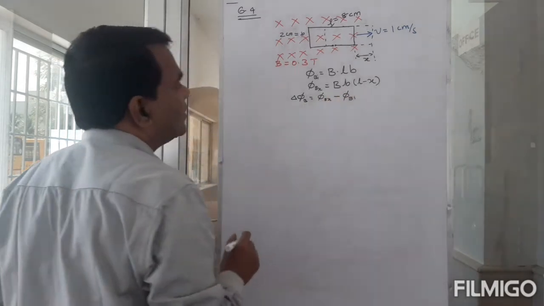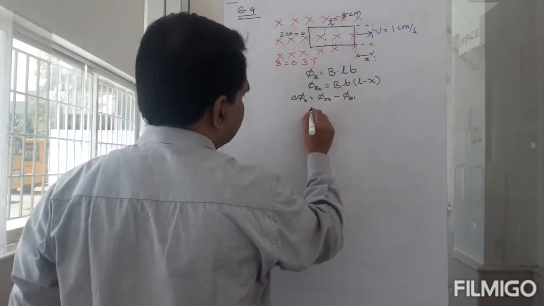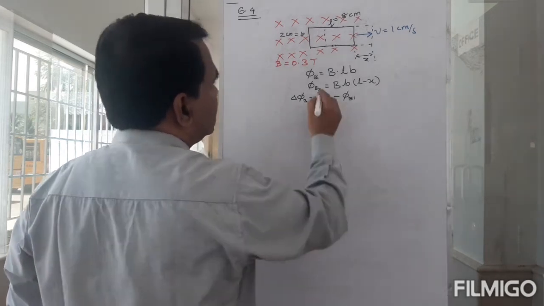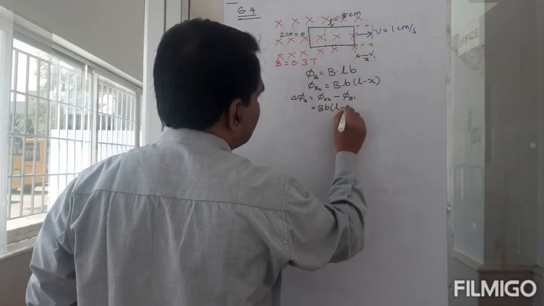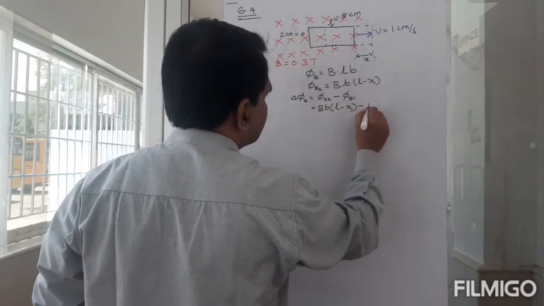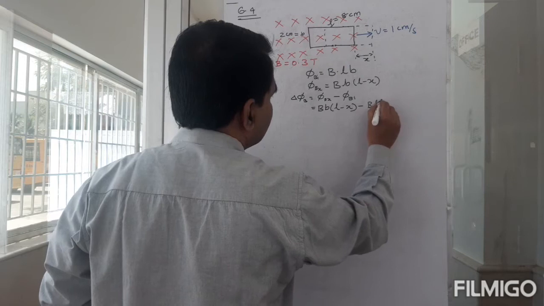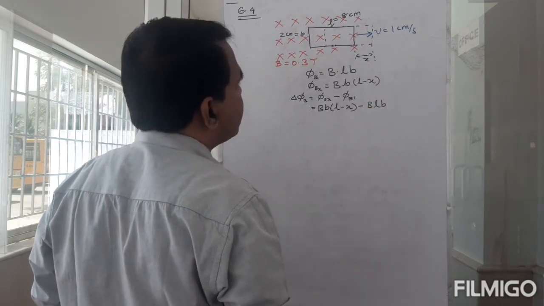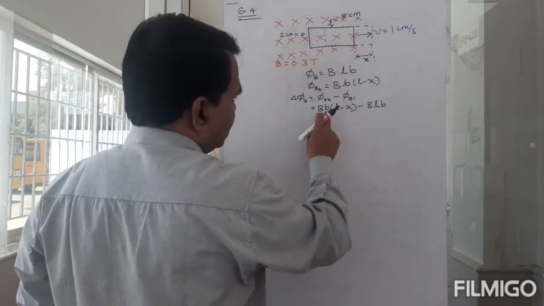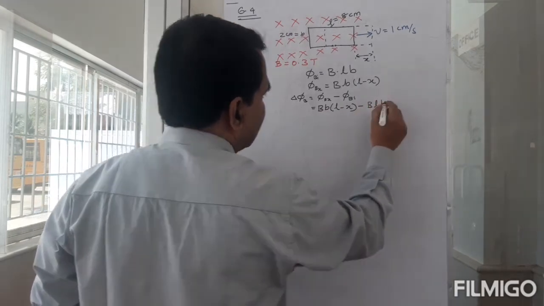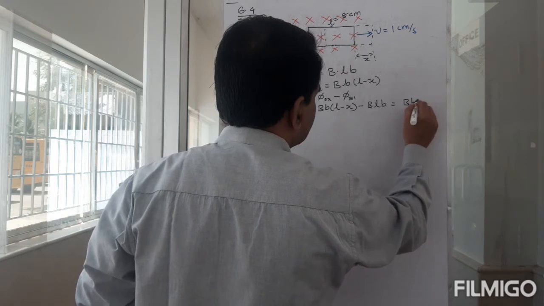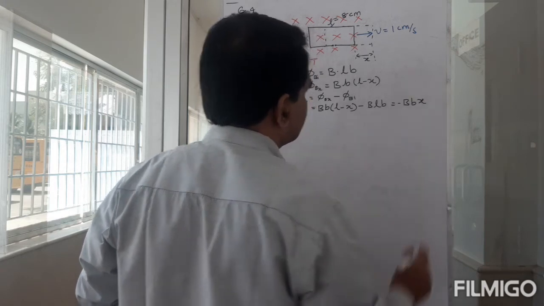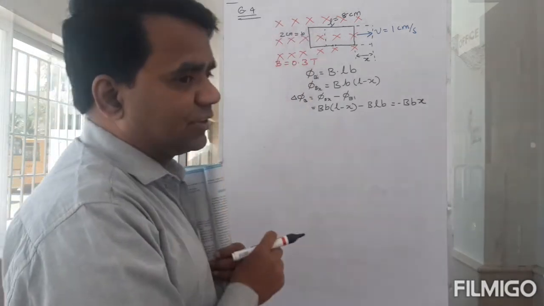Sorry about that. So this will give me B b (L minus x) minus B L b. So what am I going to get now? This and this will cancel and I will be left with minus B b x. That's the change.